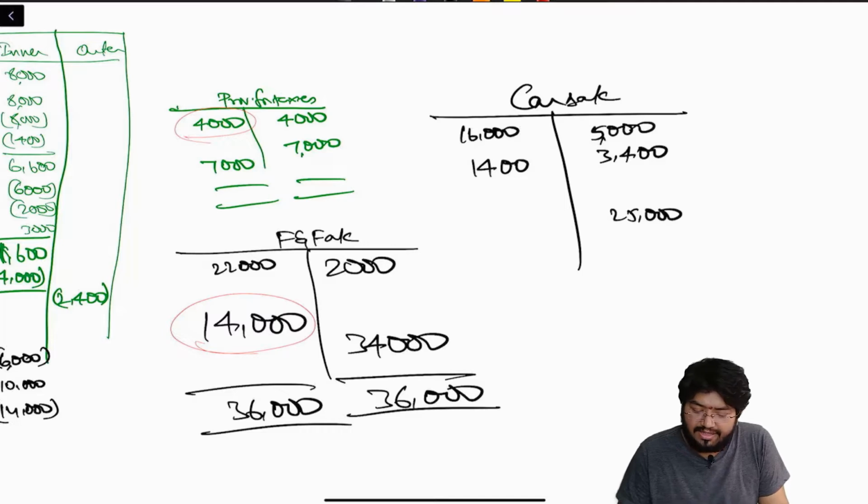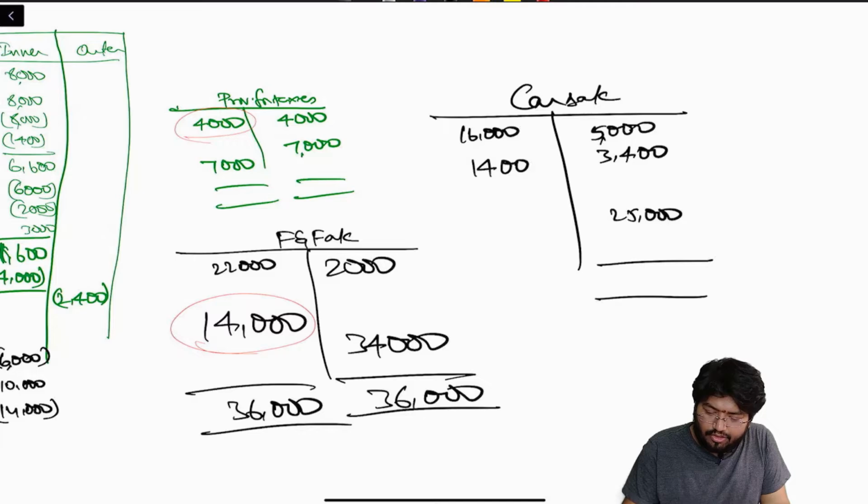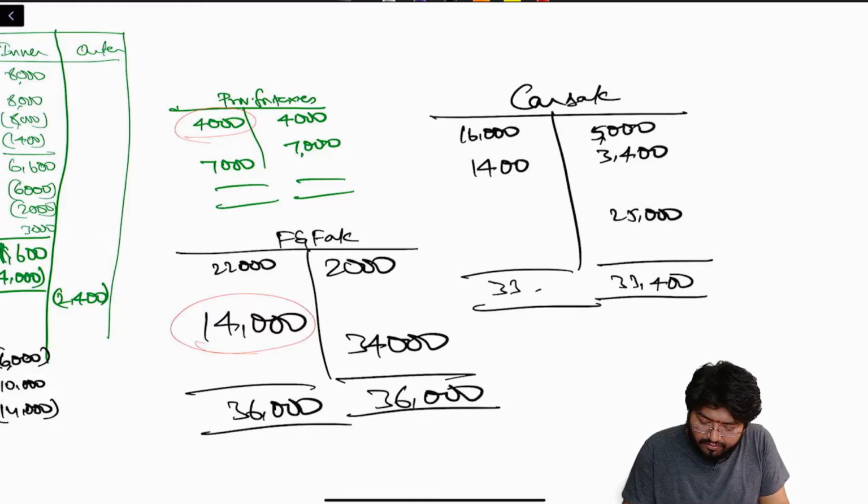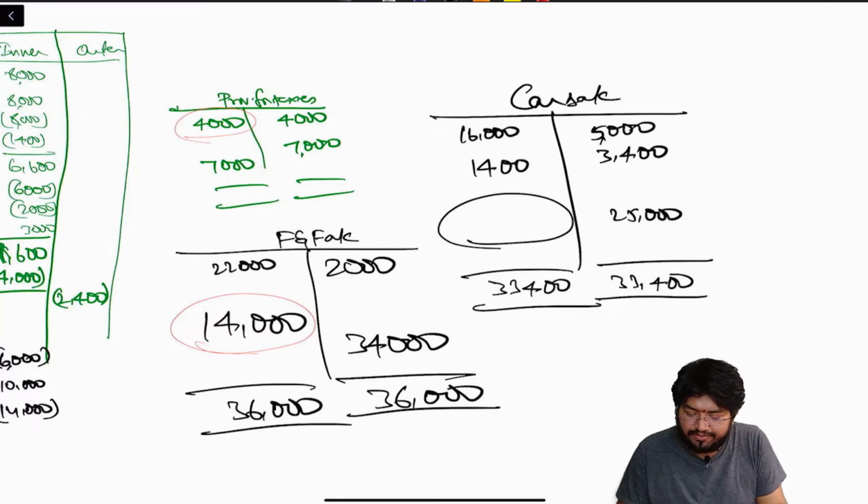Okay. Then once you are done with all these transactions, you can see what is the balancing figure which would give you the value of purchases made. Okay. So take total on your credit side. Credit side total happens to be 33,400. And on the debit side, balancing figure is how much? 16,000.